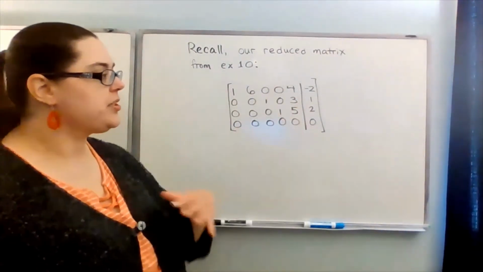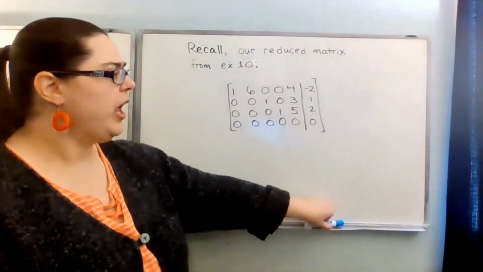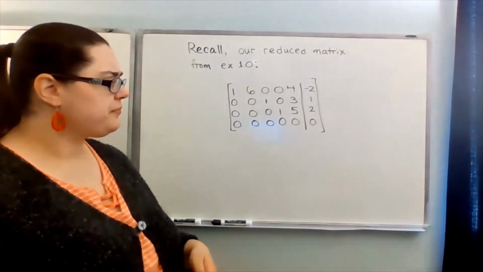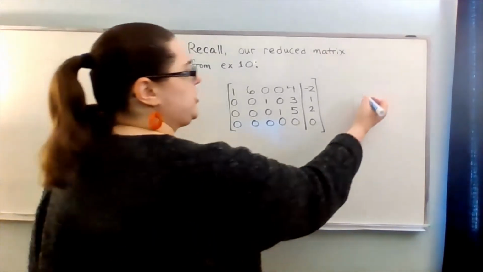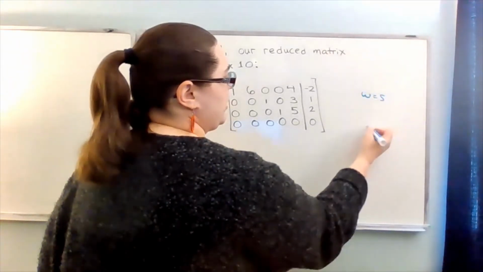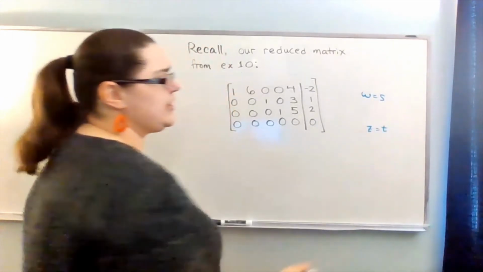reduced row echelon matrix that we found. And this solution ended up having two parameters. I think we had W was S and we had Z was T at the end of this problem.